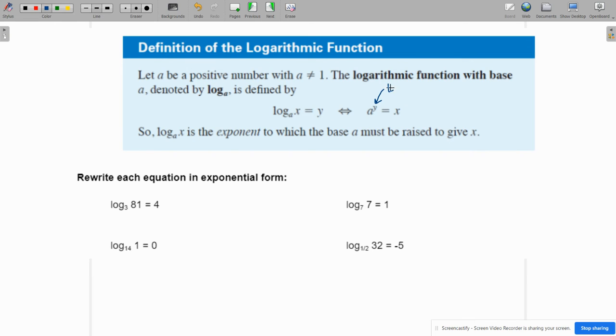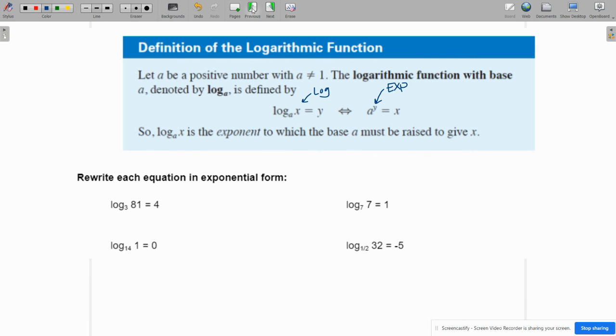This is your exponential form, and this is your logarithmic form. Basically, the base of your power becomes the base of your logarithm. The exponent of your power is what your logarithm is equal to. And then the x, what your exponential form was equal to, is what the log base a is being taken of.